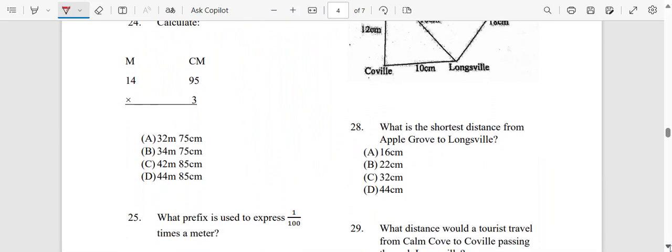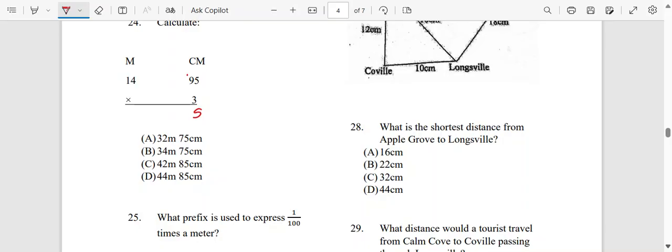Let's look at this one, calculating. So 5 times 3 is 15. I put down the 5 and I carry the 1. And I have now 9 times 3 is 27.